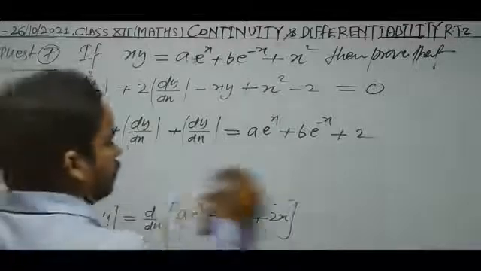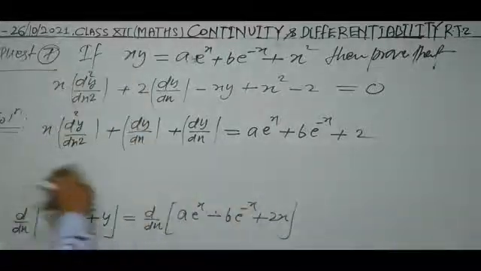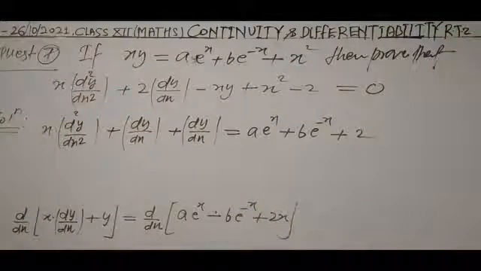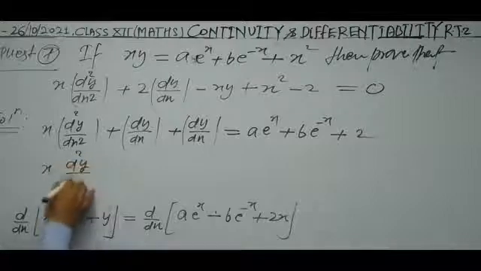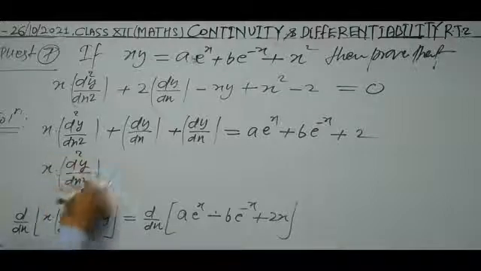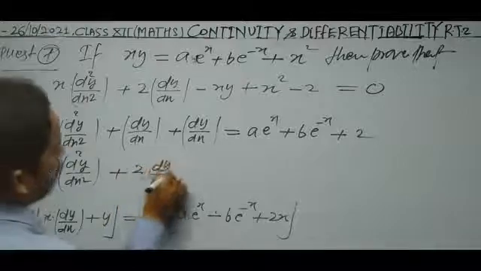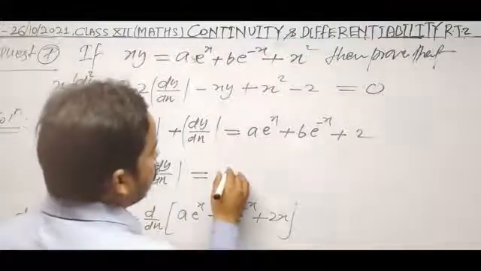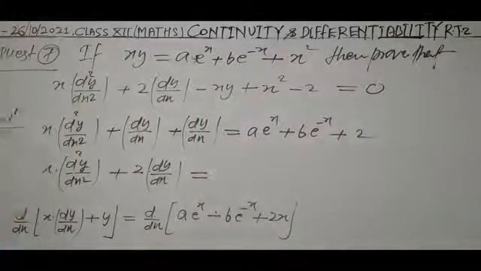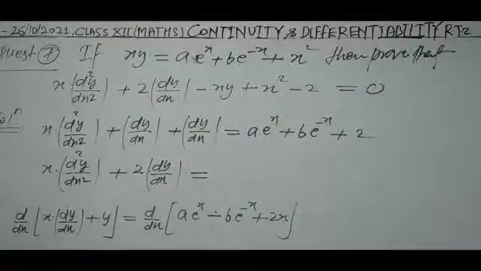So expression x times d2y by dx2 plus 2 times dy by dx is equal to, this is the value of what? A e to the power x plus b e to the power minus x. What we can write?